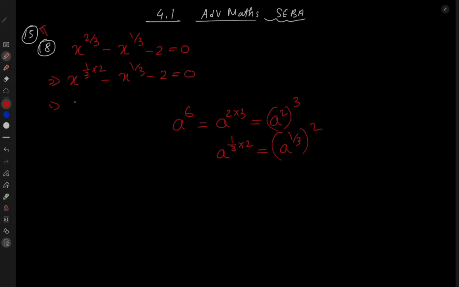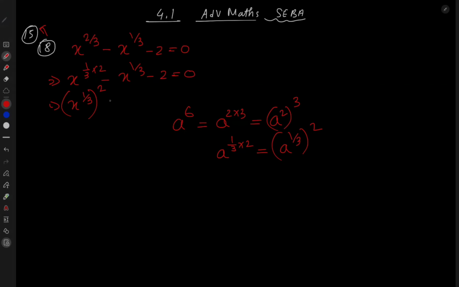Okay. So similarly x to the power 1 by t into 2, we can write like x to the power 1 by t, bracket square, minus x to the power 1 by t minus 2 equal to 0. Okay, maybe you are able to understand.